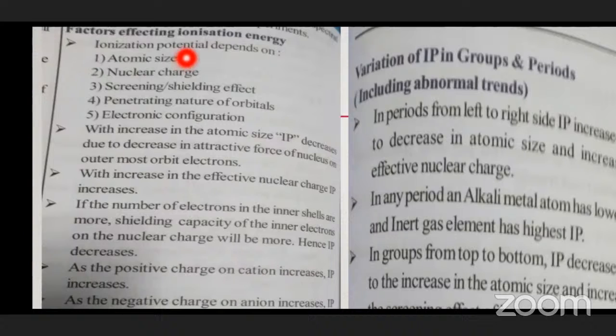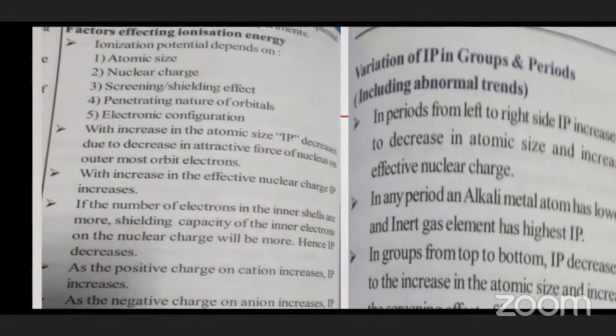That's nothing but atomic size is inversely proportional to the ionization potential. If size is more, we can remove the electron easily, because the nucleus attraction force upon the valency electrons decreases. Because of that, atomic size is inversely proportional to ionization potential or ionization energy.